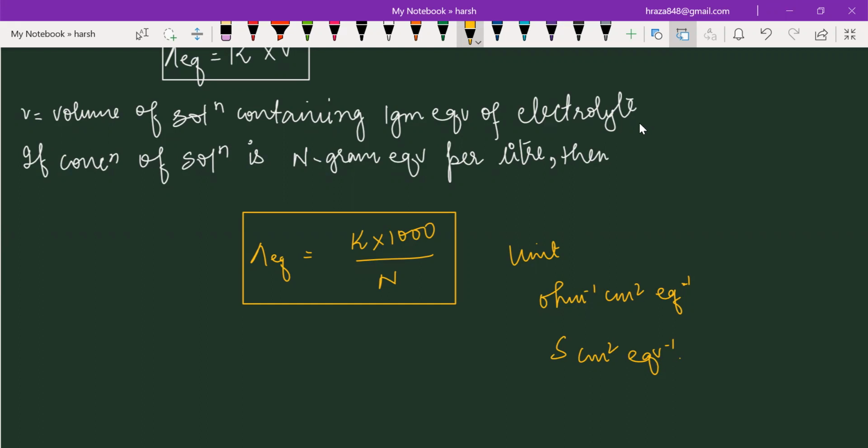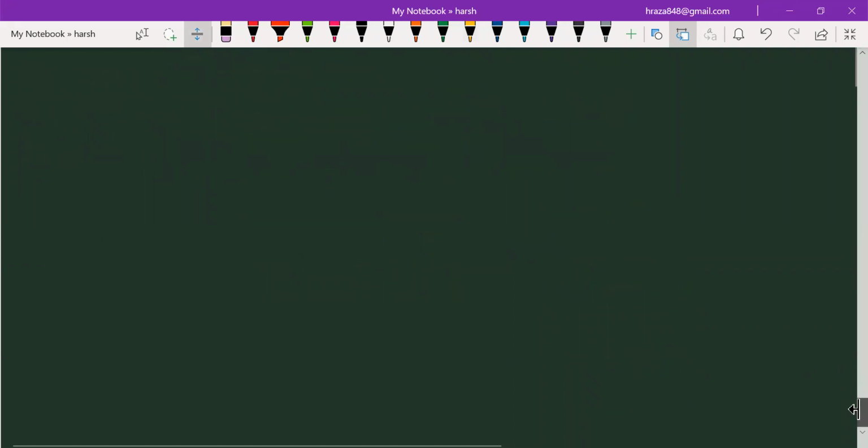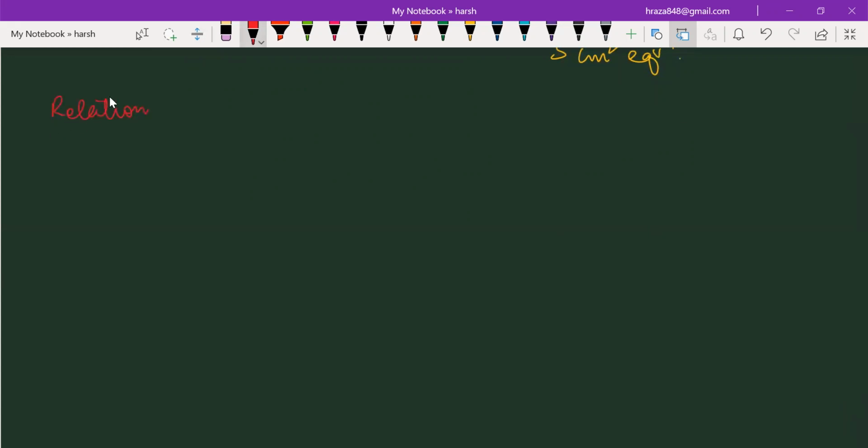Very good. Now write a relation between molar conductivity and equivalent conductivity.